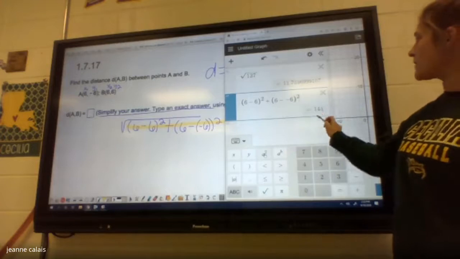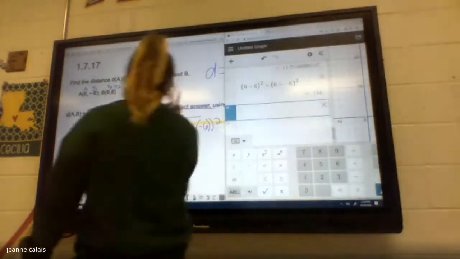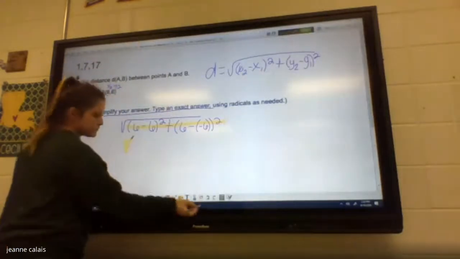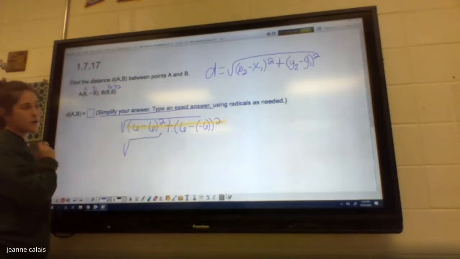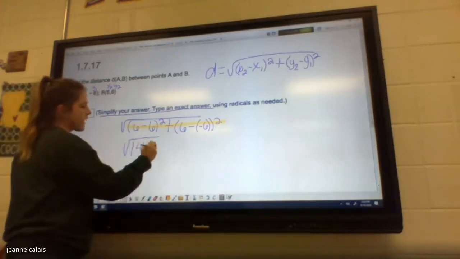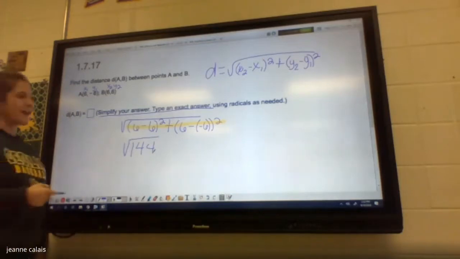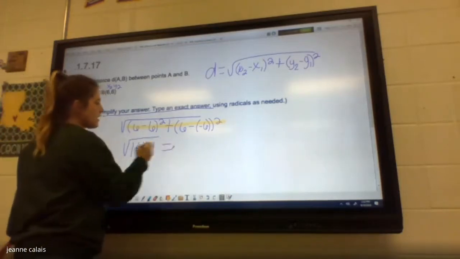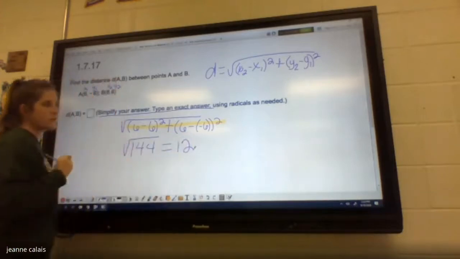Okay, so what's underneath the square root is 144. Okay, bring down that square root symbol. We had 144, that was the number underneath. Check your perfect square chart that I gave you in the last lesson. 144 is a perfect square, so the answer is 12.